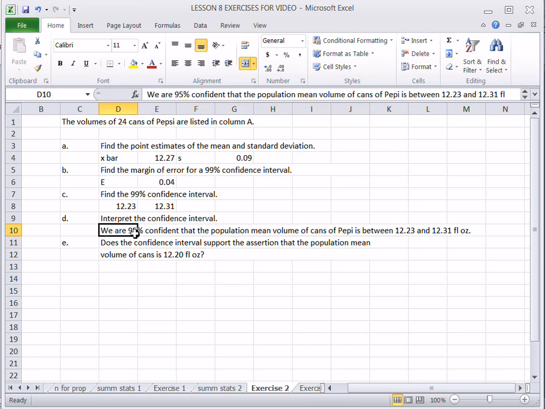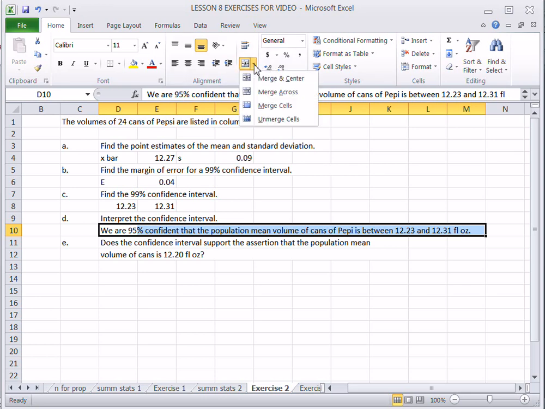So that means there's a 95% chance that the population mean volume of cans is between 12.23 and 12.31 fluid ounces. 5% chance that we're wrong. We just got a funky data set.